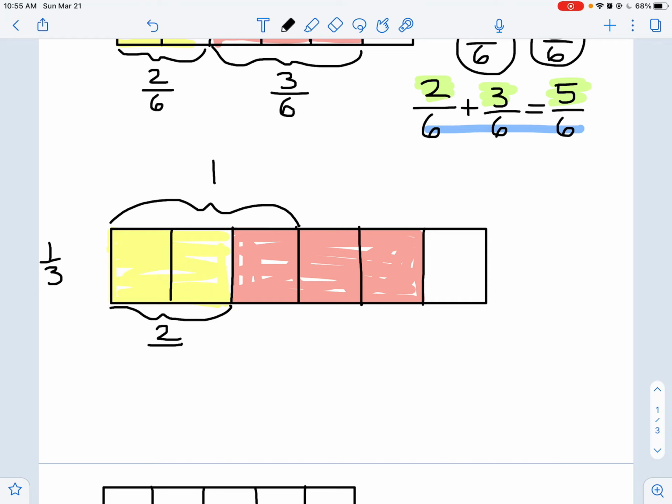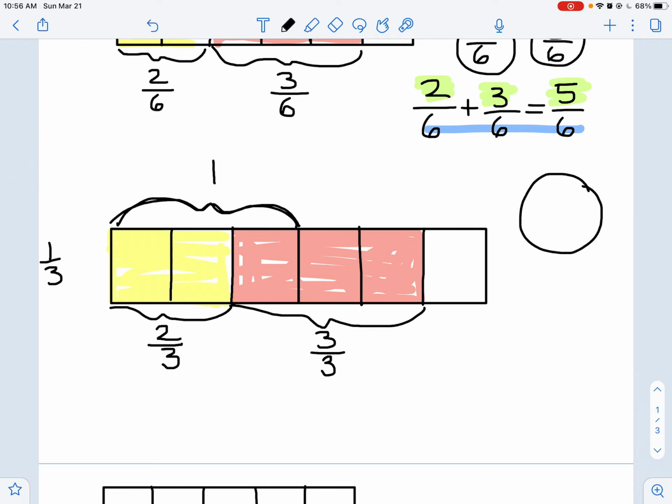Remember, the whole is right here. And there's only 3 parts in the whole, so we're talking about 2/3 is right there. How much is this? Well, 3 are colored. That's our numerator. And remember, our unit fraction hasn't changed, so it's 3/3.